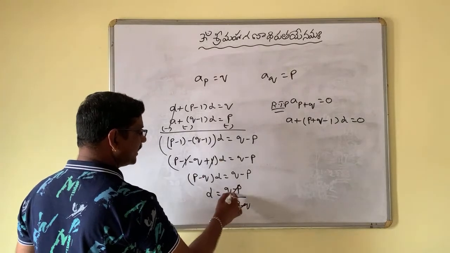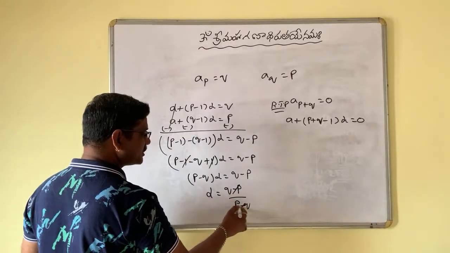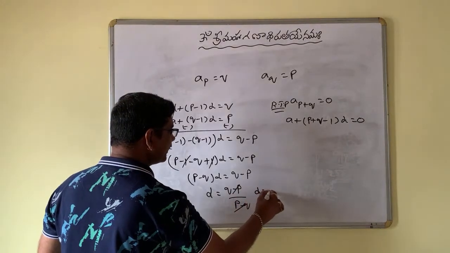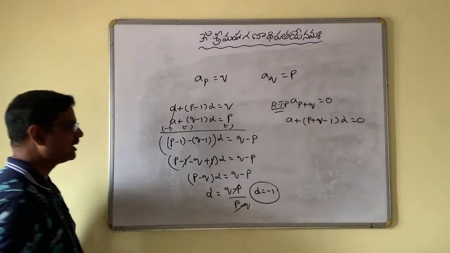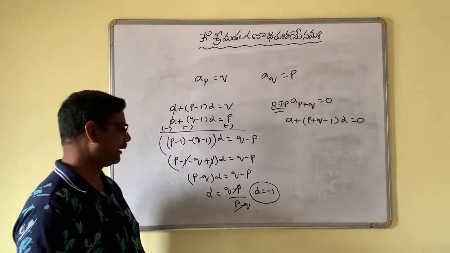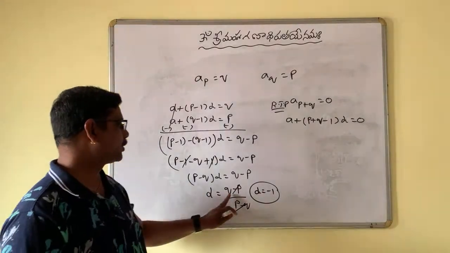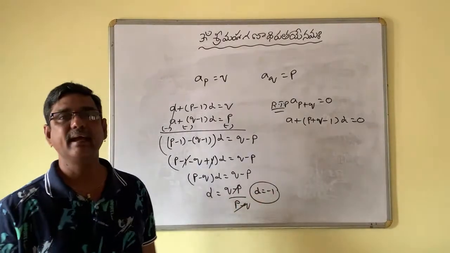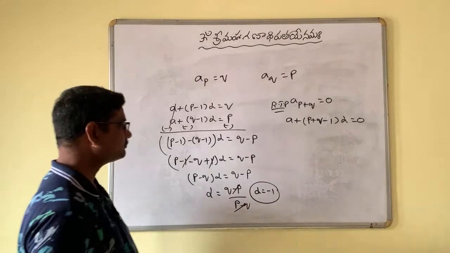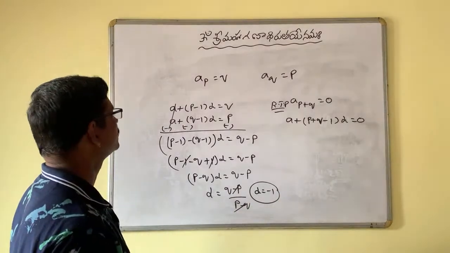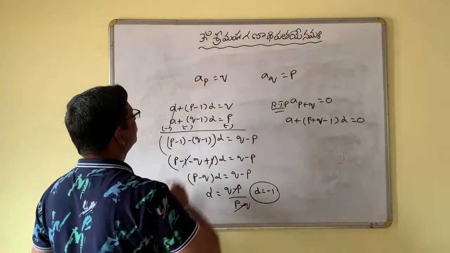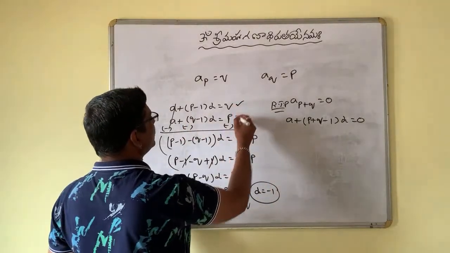Here, Q minus P is the numerator and P minus Q the denominator, so D will be negative 1. Understand? Now we need to find A. Substitute the D value in either equation.